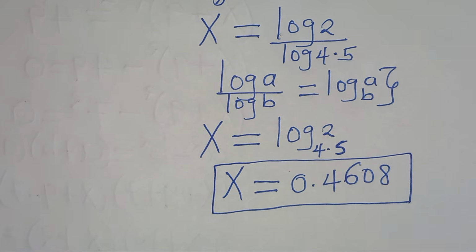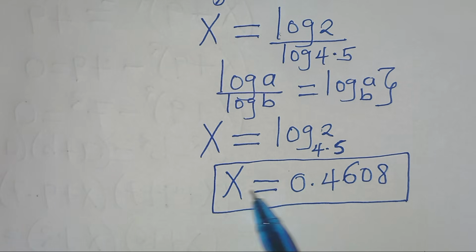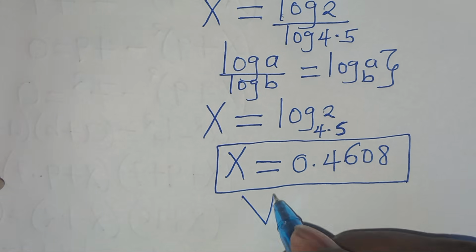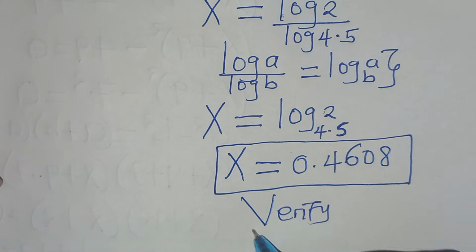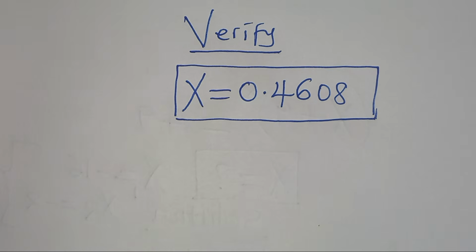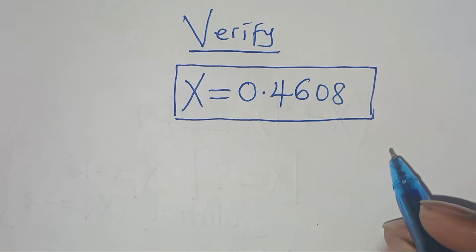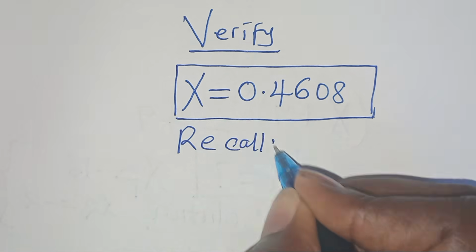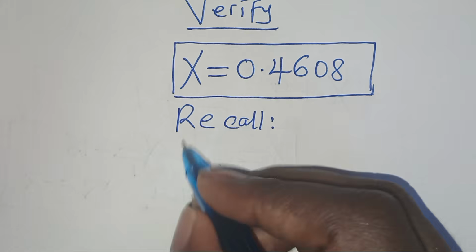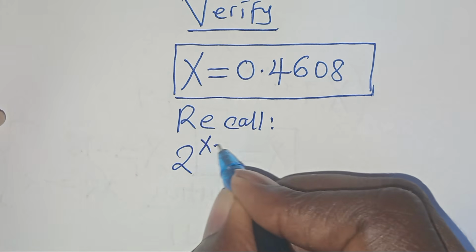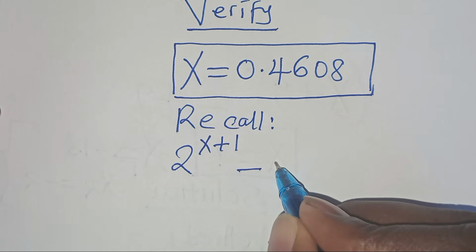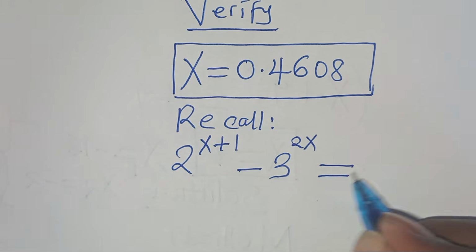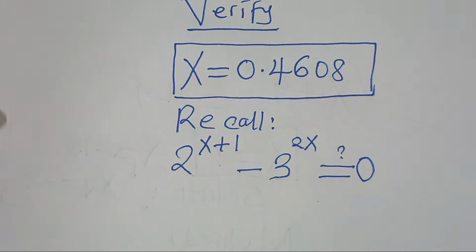The next step, let's verify that this value of x here satisfies the equation. Now, if you recall, we have that 2 raised to the power of x plus 1 subtract 3 raised to the power of 2x should give us a value of 0.